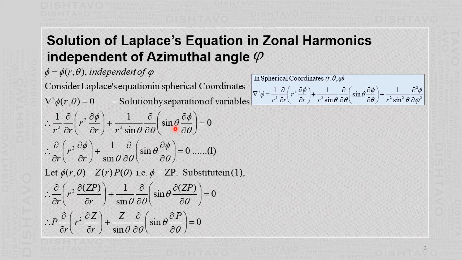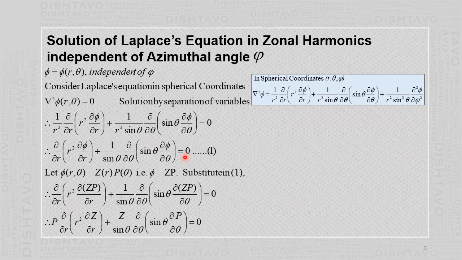Now, in order to use the method of separation of variables, we first simplify this. We multiply by r square throughout and we get this equation: dou by dou r of r square dou phi by dou r, plus 1 by sin theta, dou by dou theta of sin theta dou phi by dou theta, equal to 0.